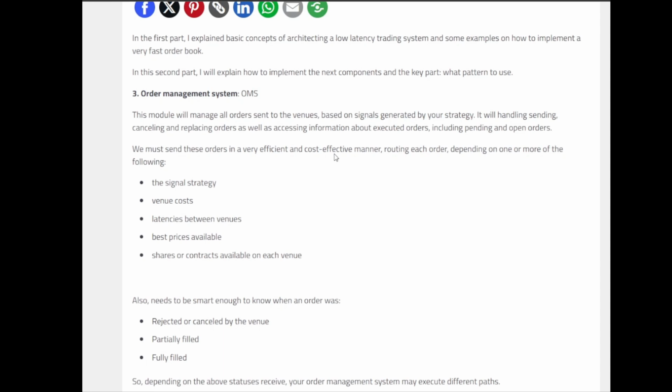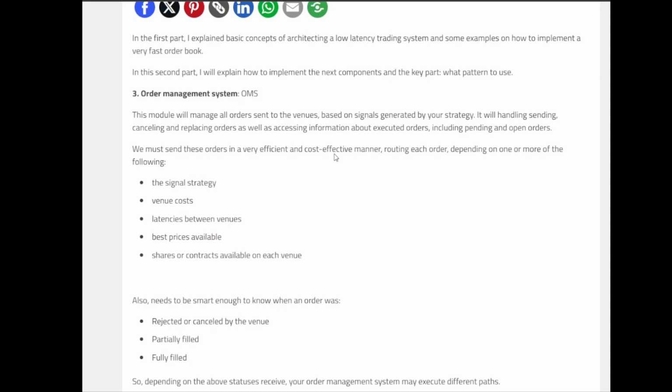One thing we are optimizing since the start is that we must send these orders in a very efficient and cost-effective manner from a time perspective. We would be routing each order depending on a lot of factors. Some of the most common are the signal strategy, the venue cost, the latencies between different venues, the best price available, and finally the shares or contracts available on each venue.